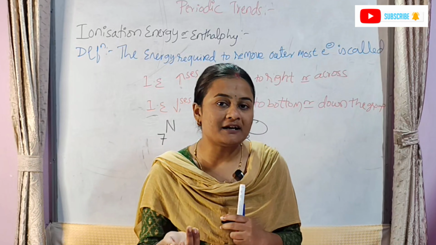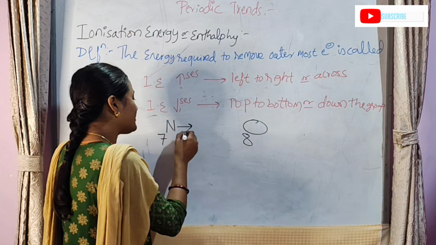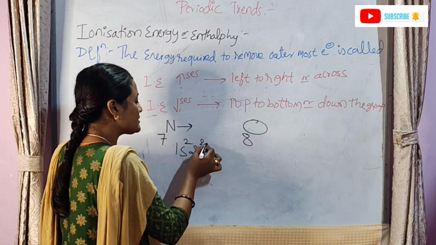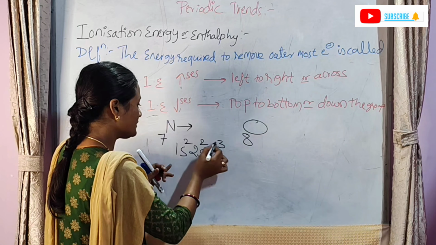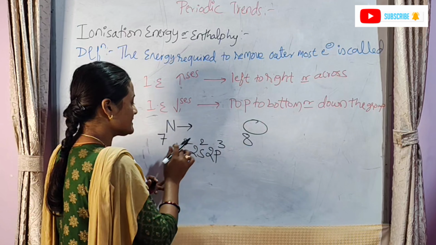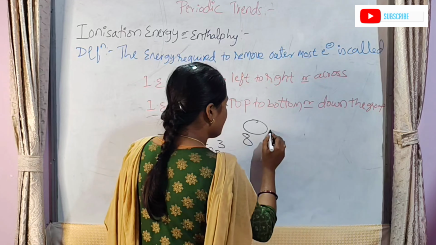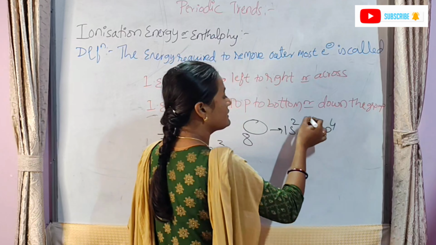Nitrogen's electronic configuration is 1s2, 2s2, 2p3, and oxygen's electronic configuration is 1s2, 2s2, 2p4.